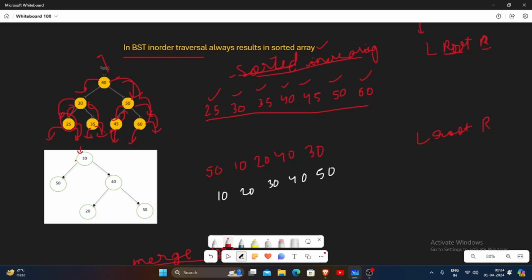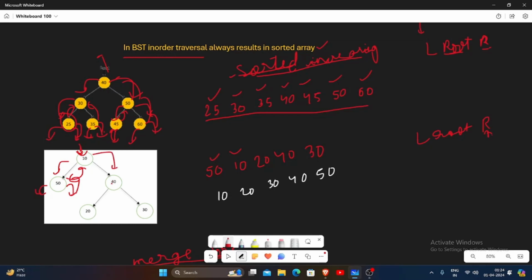We start from here. Since left exists, I came to left. Again, I came to left for 50. Left doesn't exist, so I will explore root. 50 is printed. I came to right. Right doesn't exist. We return back. So left has been explored. Now we came to root. We explored root. We print 10. Root has been explored. The next step is right. For this node, we came to right.